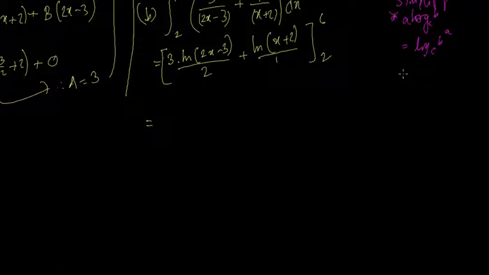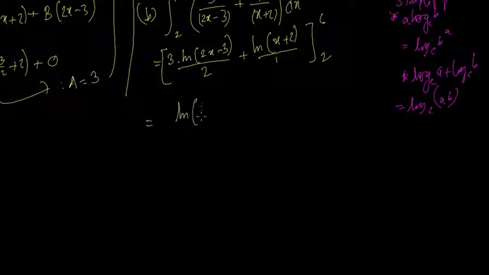And another rule that we have is when you have log a plus log b, we can just write log a into b. So that's what we are trying to do here. So by 3 by 2 we can bring it to the power and we can write ln 2x minus 3 to the power 3 by 2 plus ln x plus 2.